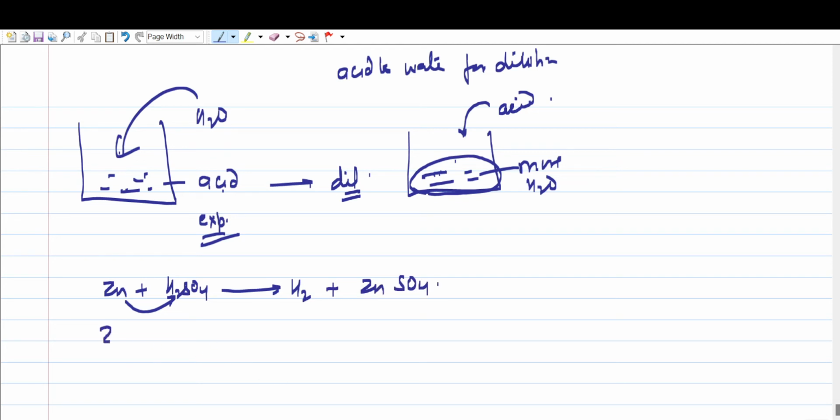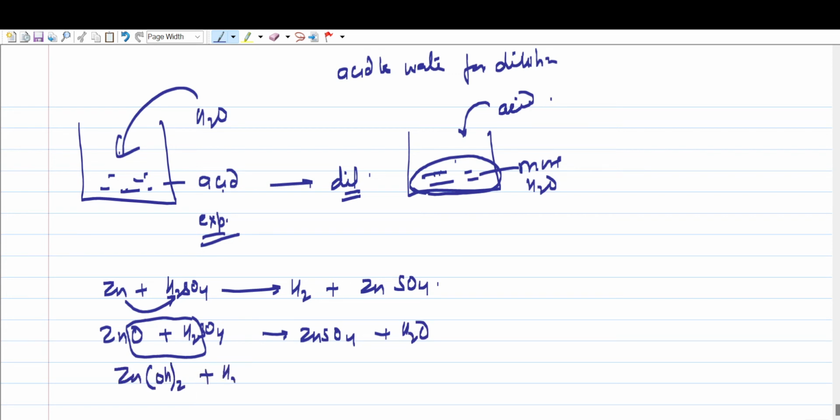Okay, if you take say zinc oxide, sulfuric acid will combine and you will get zinc sulfate and water. If you take any hydroxide, so zinc hydroxide, acid and base will form salt and water, you will get zinc sulfate and water.